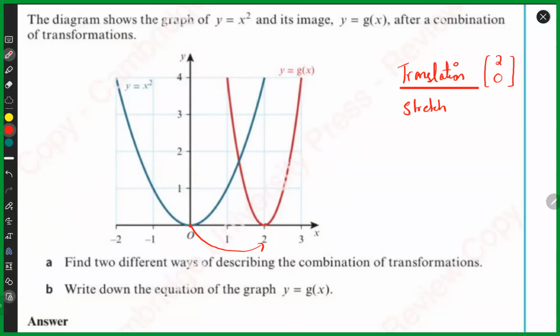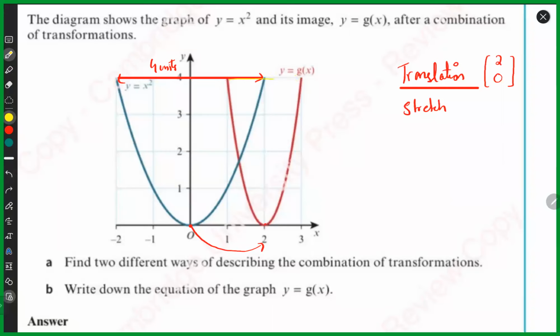And for stretch factor, it's very simple. This length is 4 units. So initially my parabola was 4 units broad, and then this length, this is 2, sorry, not this one.